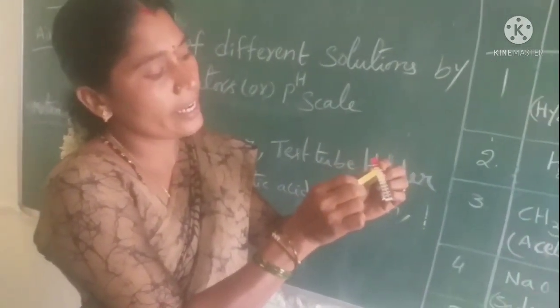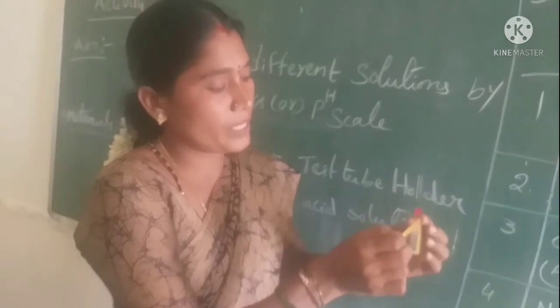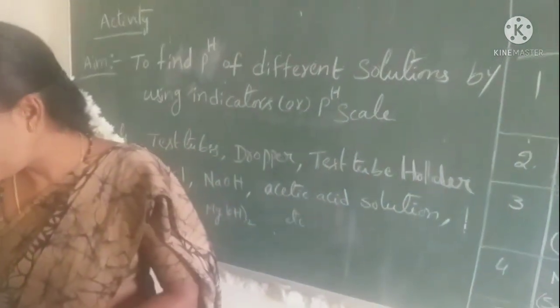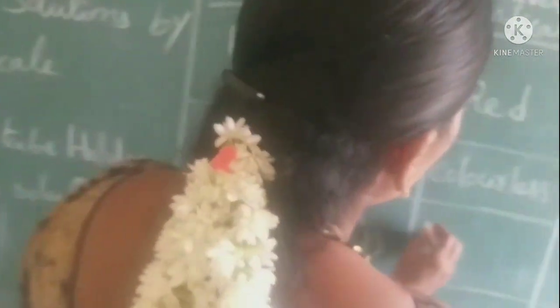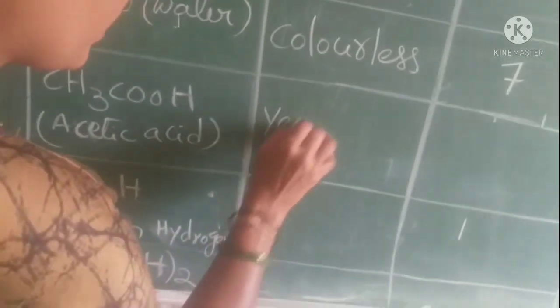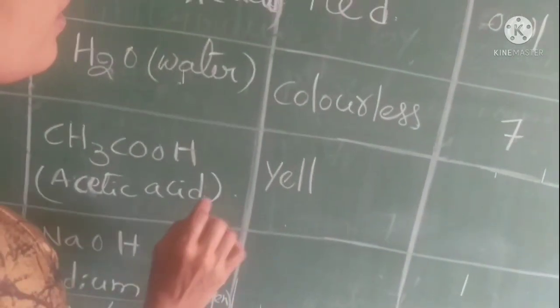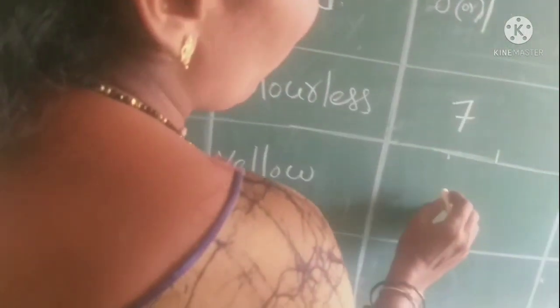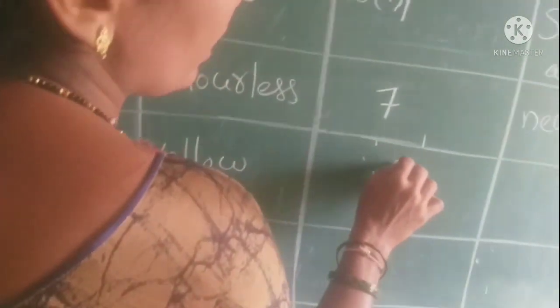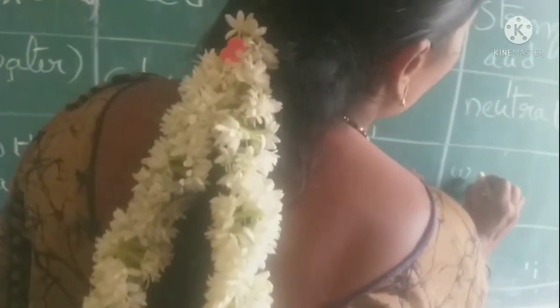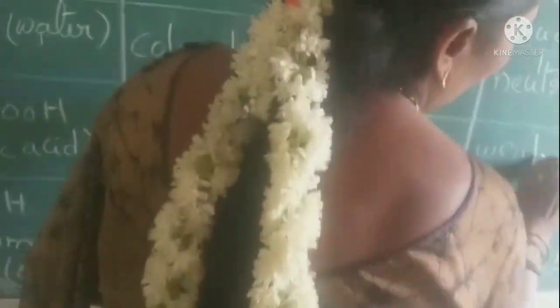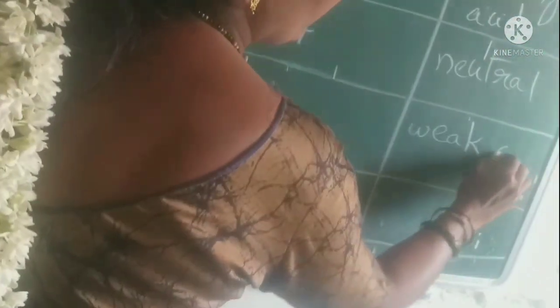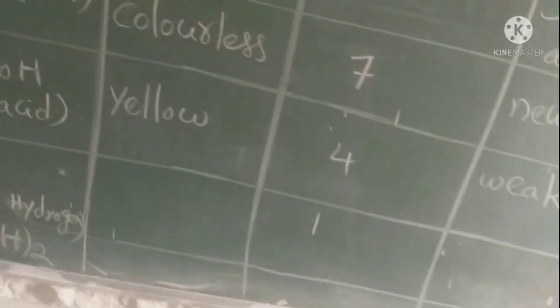The pH value is approximately 4. The universal indicator color is yellow. That is a weak acid.